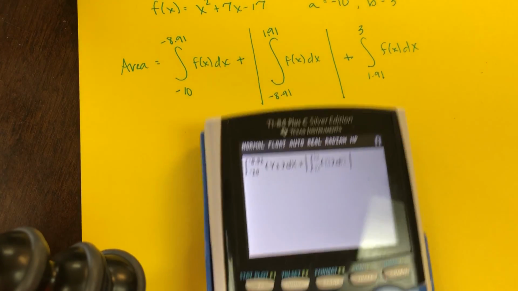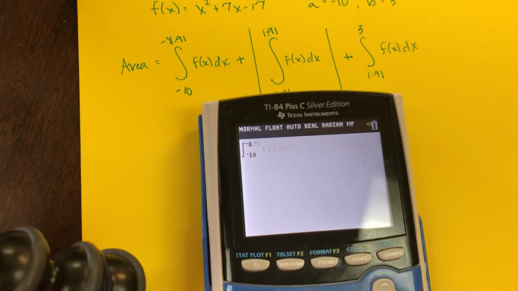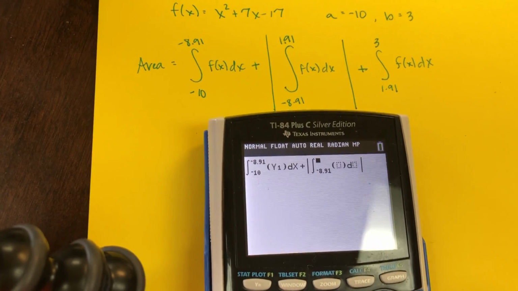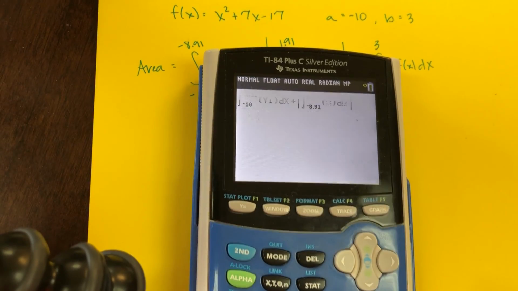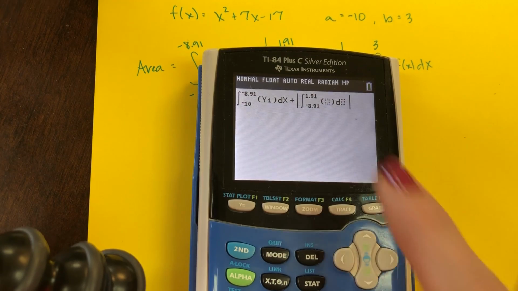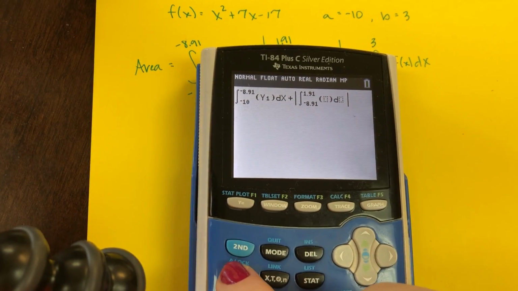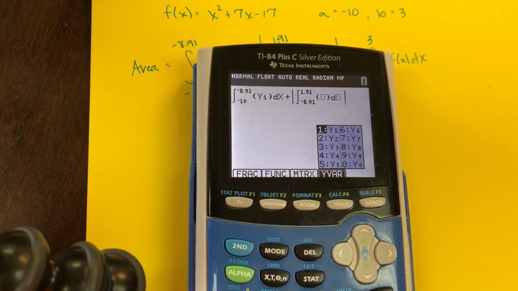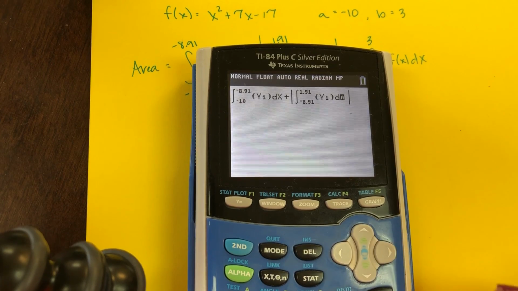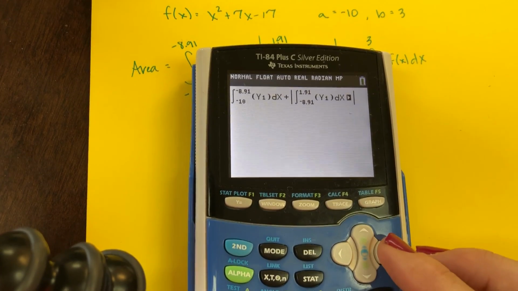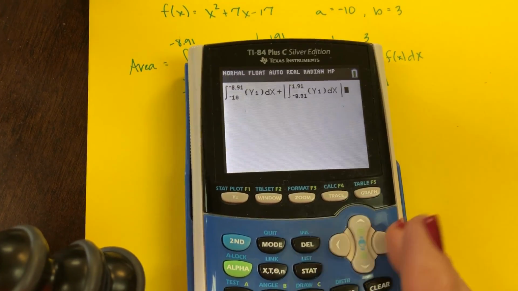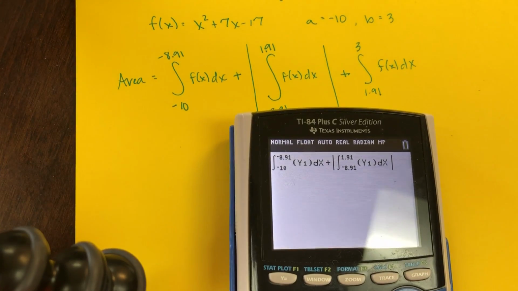Your bottom bound is negative 8.91. Your top bound is 1.91. I'll use my hotkey again. Alpha, trace, Y1, bump right, X. Get out of the absolute value sign, so there's a lot of minding your P's and Q's.